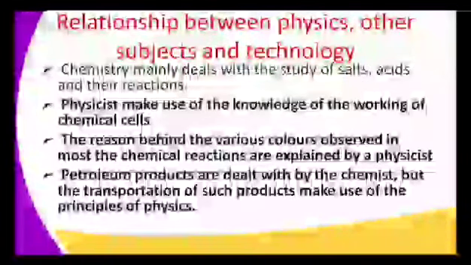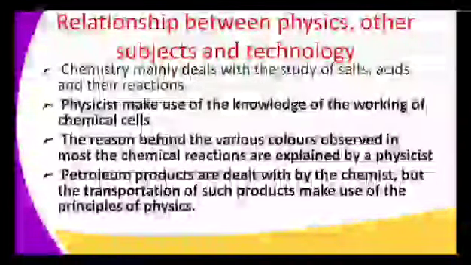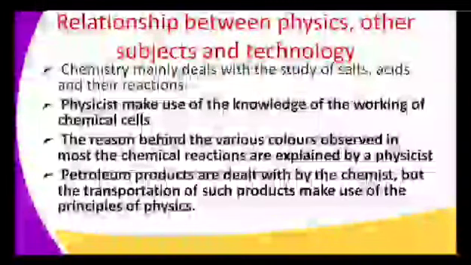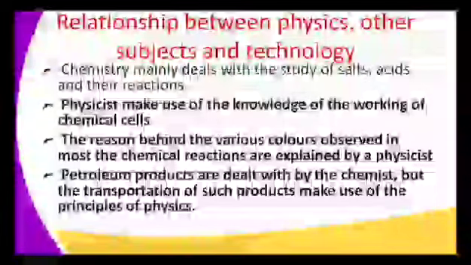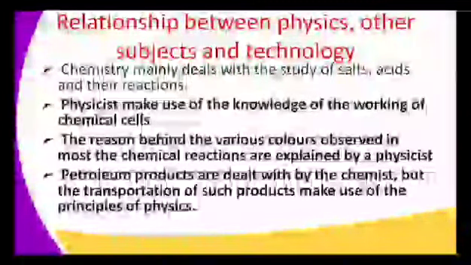Now their transportation is done by physics. Physics explains how the transportation of such products can be made possible. So we employ the principles and the laws of physics to facilitate the transportation of the petroleum products that are manufactured in chemistry.